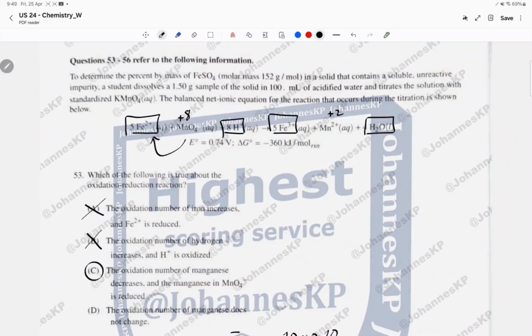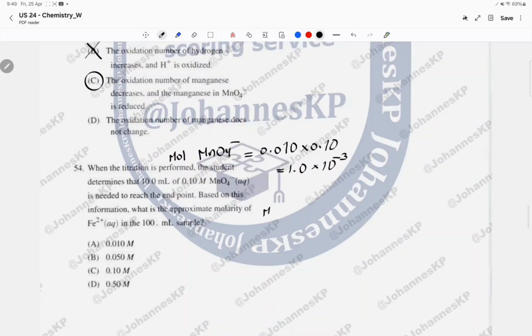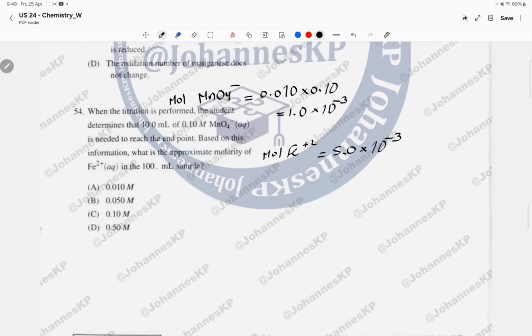It's a 1 to 5 ratio. So that means the mole of the Fe2 plus will be 5 times that. And now we can find the molarity of it by dividing the mole by the volume in liters. So it's going to be choice B.